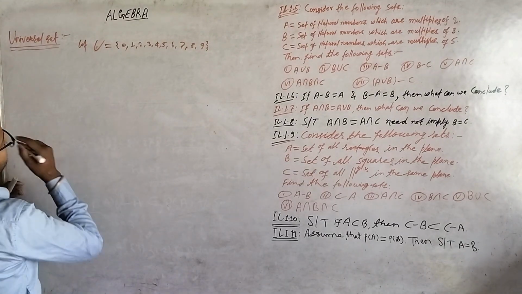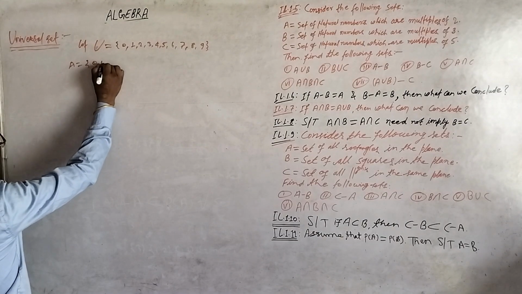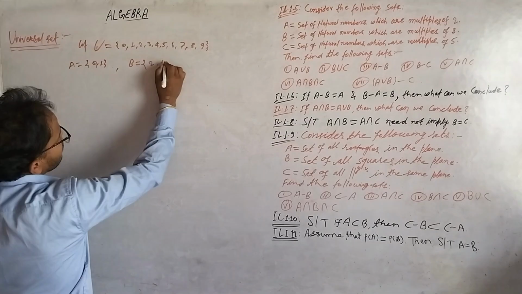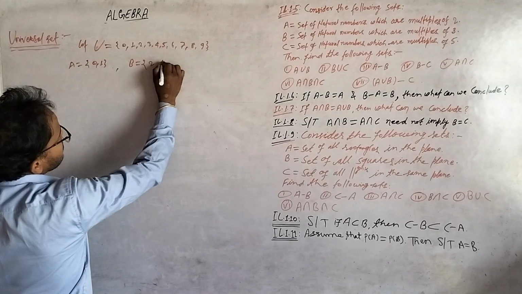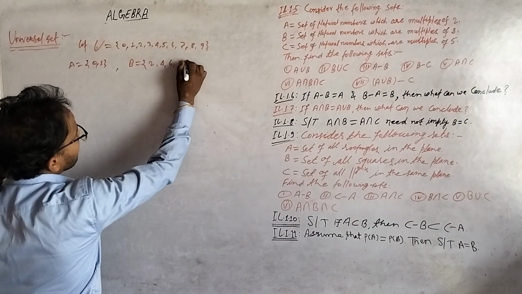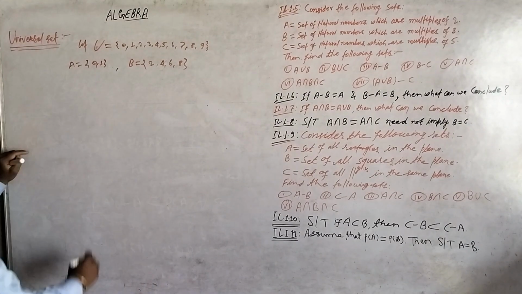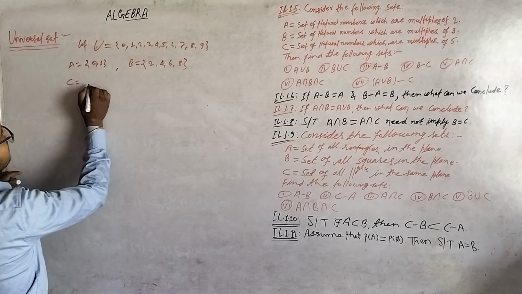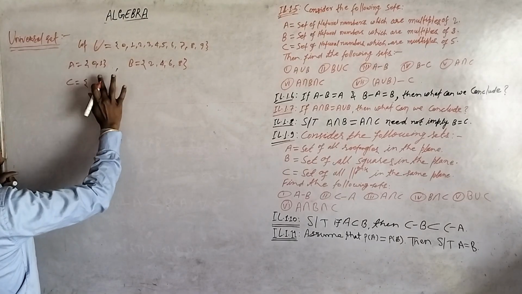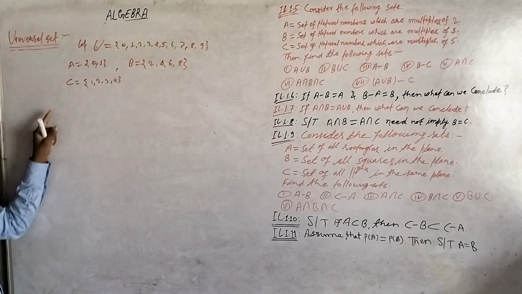Now suppose another set A is {0, 1}, and B is another set, {2, 4, 6, 8}, and C is a set {1, 2, 3, 4}.